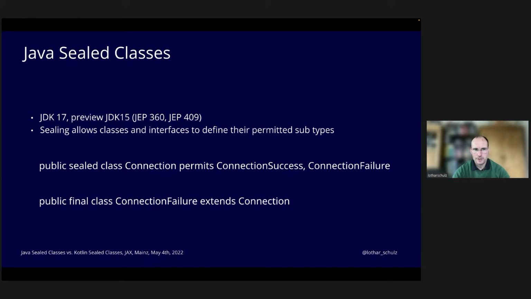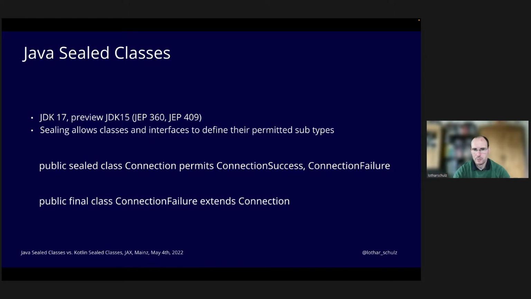What are Java sealed classes in a very condensed, in-a-nutshell version? In Java, sealing allows classes and interfaces to define their permitted subtypes. Earlier you couldn't really do that. Now you define a sealed class, in this slide example Connection, and you use the sealed keyword to identify this class as a sealed class.